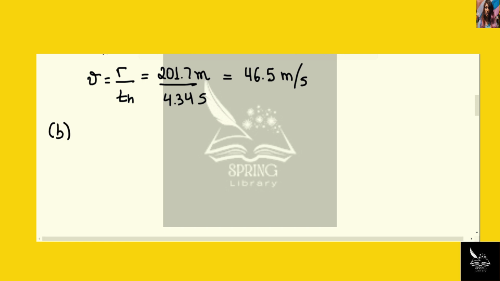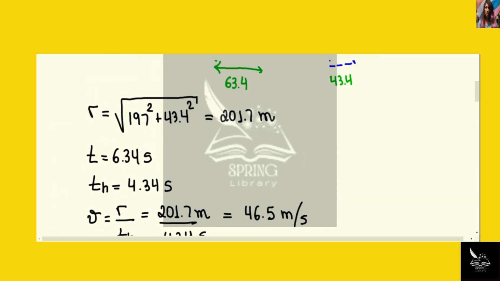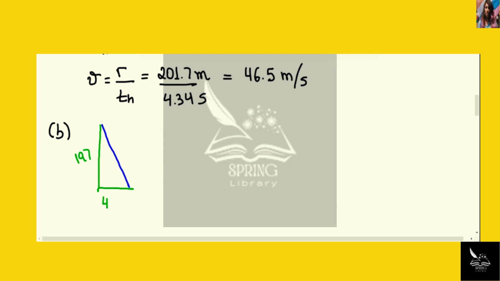In question B, we have to find the angle with the horizontal that the hawk makes when it's diving towards the rat. Again, notice that the y-coordinate here is 197 and the x-coordinate is 43.4. We want to calculate the angle with the horizontal, this angle here.